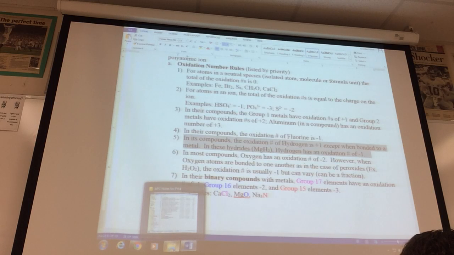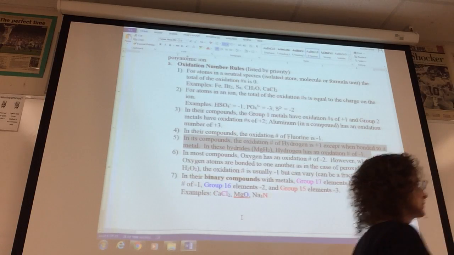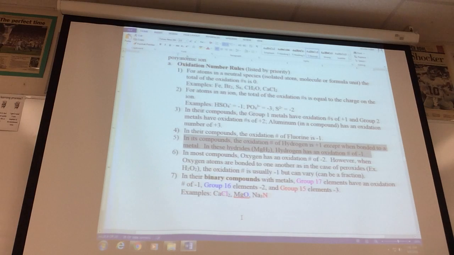When we're dealing with electronegativity, I think sodium's 1. If we wanted to know those values, I think most of the metals are going to be less anyway. So that's okay.